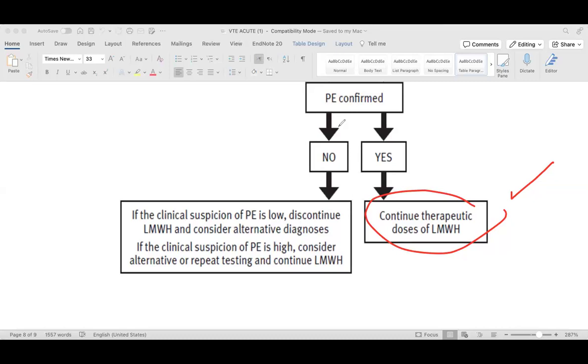And if the pulmonary embolism is not seen on the VQ or the CTPA, we will have to stop treatment or continue. What do you think? That's a very important trick. Will you stop treatment or continue, if there is no evidence of pulmonary embolism in the scan?